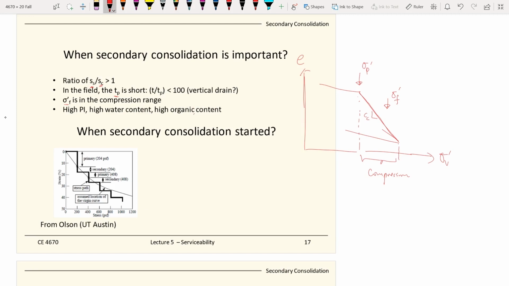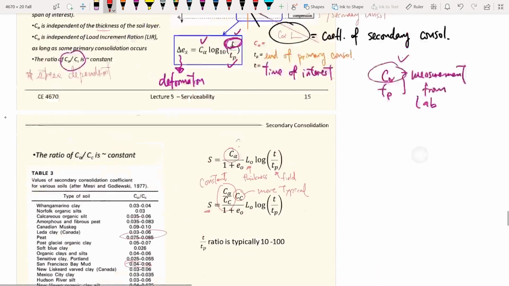And when you have a very high PI, and also highly organic soils, you also need to look particularly at the secondary consolidation settlements.